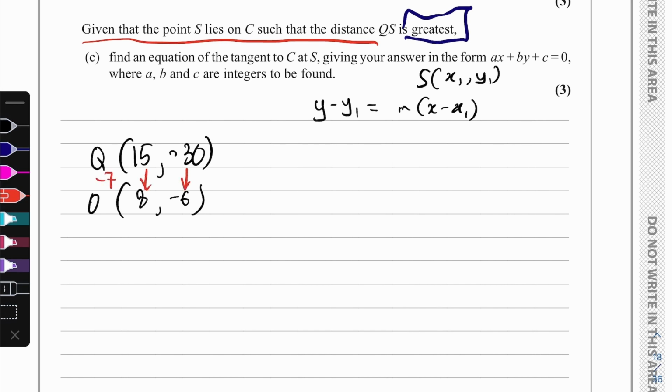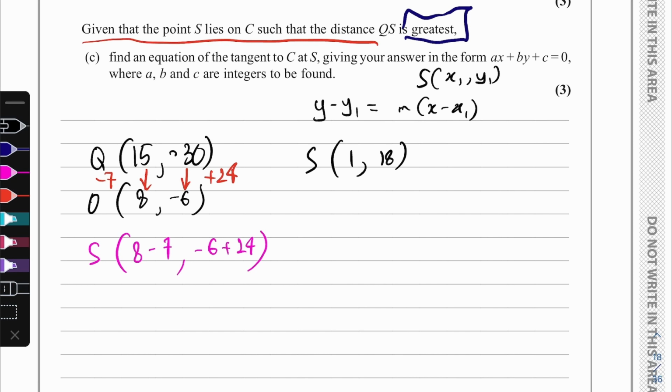We go from -30 to -6, that's plus 24. So S will be the same thing: 8 minus 7, -6 plus 24. So S is 1, and -6 plus 24 is 18. All right, now we have found one of the things that we needed.